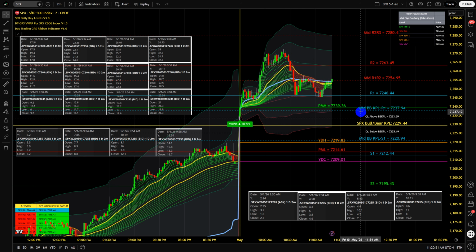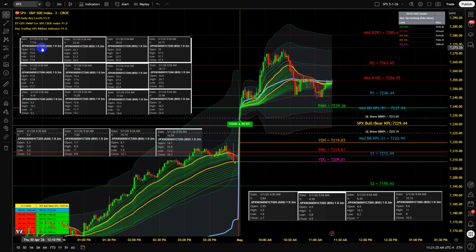In this case, that is the mid BBKPL R1 72.3794. The closest strike to that is the 72.40 call strike. And finally, the furthest out of the money, the third alternative, is the option strike that is one full key level away in the direction of the trade. In this case, a bullish trade from the bull bear KPL, one level away is the R1 72.4644. So that is going to be the 72.45 call strike.